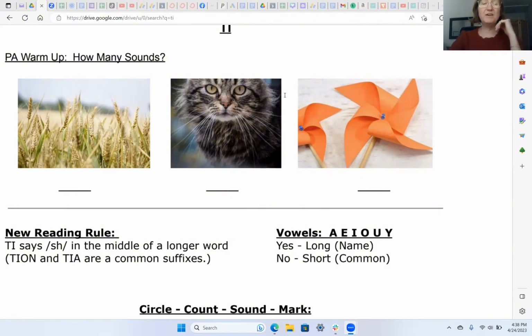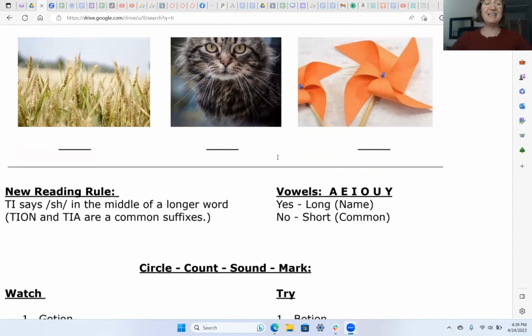So in pinwheel, there is I, N, E, O. 6 sounds in pinwheel. It's a hard one. It's okay. No frowny face emojis in the chat. We don't need perfection, only progress.